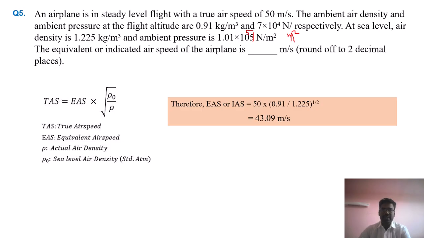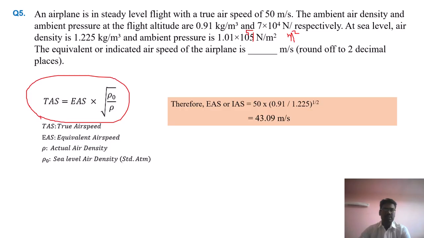So the equivalent airspeed or indicated airspeed we have to find in terms of meters per second. We know the basic relation between the equivalent airspeed and the true airspeed, whereas the true airspeed is equal to the equivalent airspeed into the density ratio, that is the root of rho naught divided by rho.